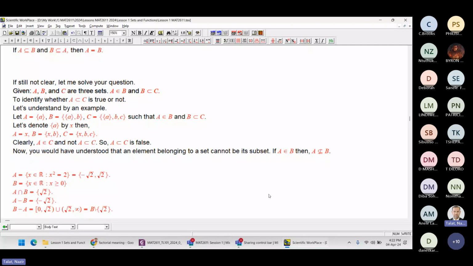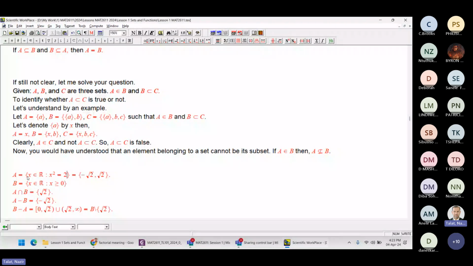There are also some other forms of sets we have. For instance, A is a set which contains all those elements of the set of real numbers such that x square is equal to 2. It means that we need to check which kind of elements satisfy this condition.